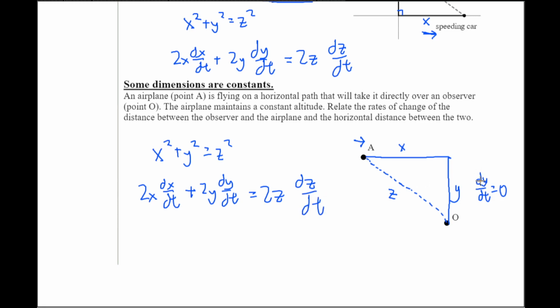But here, remember, altitude is constant, so dy/dt is 0. So this term right here is going to go to 0. We're going to remove it, and then what we're left with is 2x dx/dt is equal to 2z dz/dt. That's your answer there. You can go ahead and start the practice.